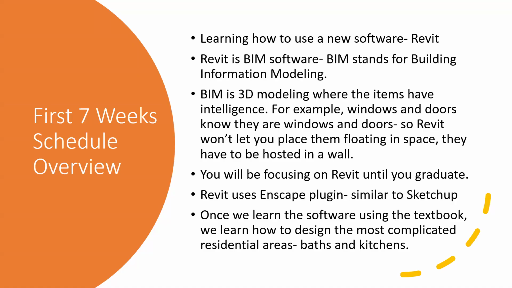So Revit's got enough intelligence. It knows that a door is a door, and it has to go into a wall. It will not let you put a door anywhere except into a wall. And it has the ability to have information coming along with it.